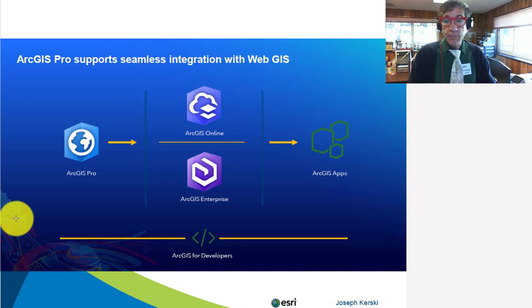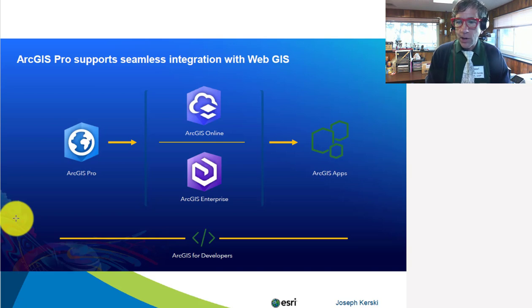And ArcGIS Pro supports a seamless integration with web-based GIS, namely ArcGIS Online, or if you're running it on premises, ArcGIS Enterprise. It's integrated with those things. And also tied to the apps that I talked about, instant apps, dashboards, etc. And underlying all that is ArcGIS for developers.